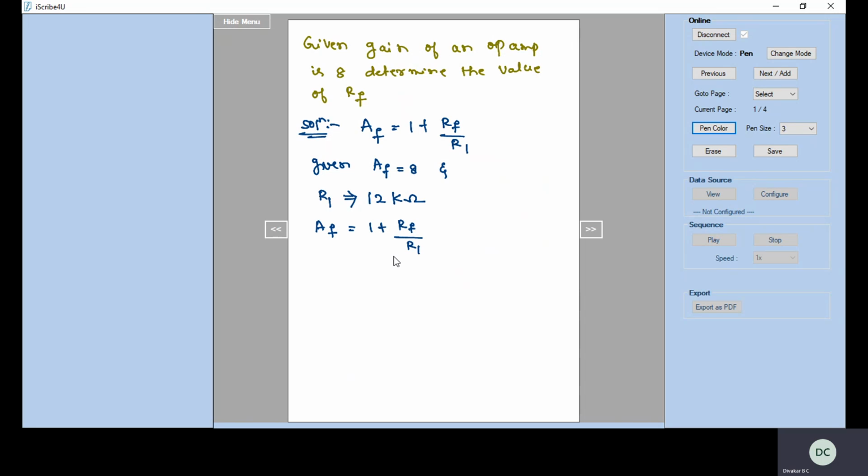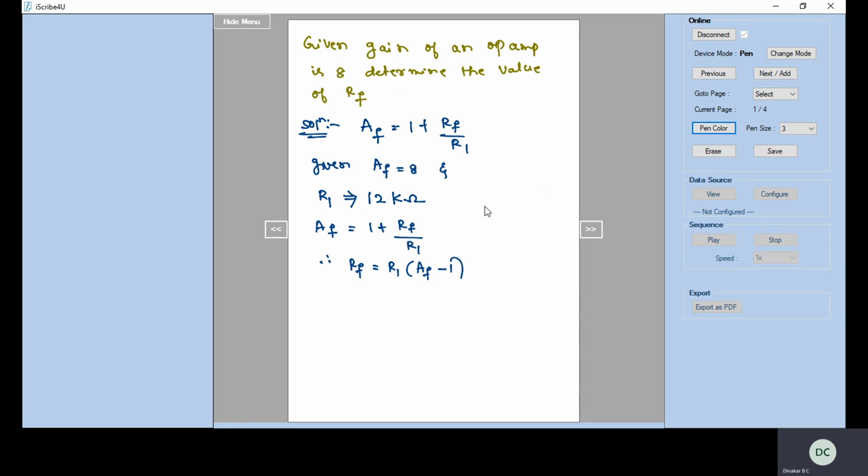If R1 is not given, it should always be less than the feedback resistance, because if you choose RF as 1 and R1 as 1, the gain is only 2. So if R1 is not given, assume its value to be less than the feedback resistance. AF = 1 + RF/R1, therefore RF = R1 × (AF - 1).